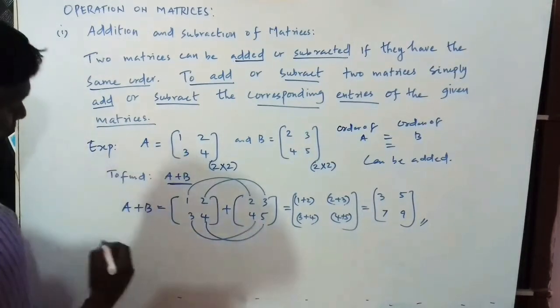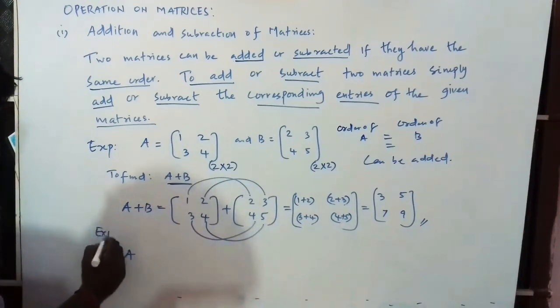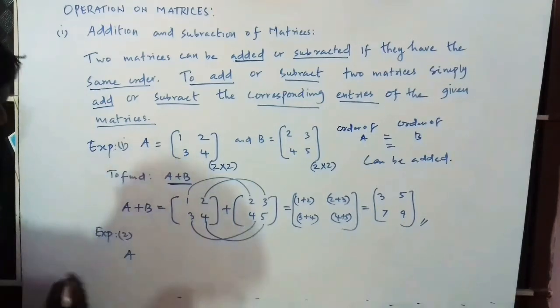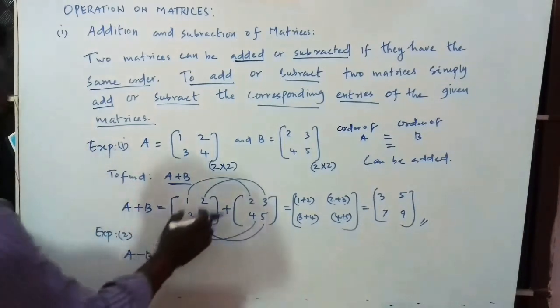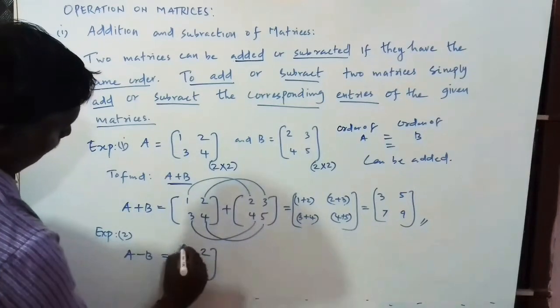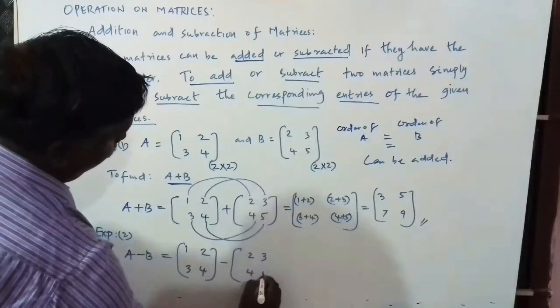Next is subtraction of two matrices. Again, to find another example. This is example 1, and this is example 2: A minus B. How to subtract A minus B? A equal to 1, 2, 3, 4 and minus B equal to 2, 3, 4, 5.